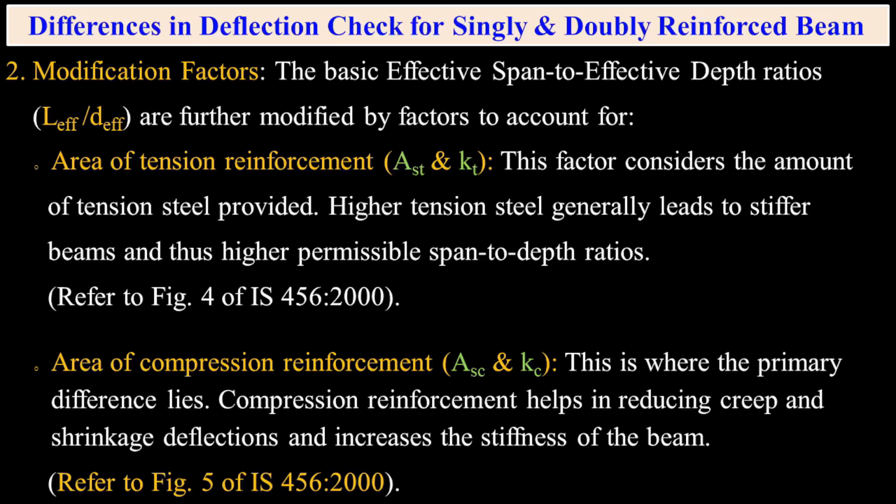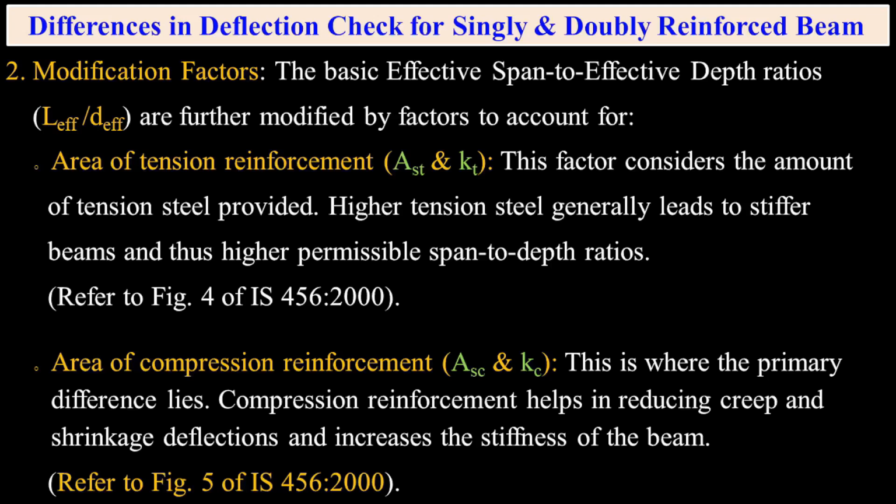And here's where the primary difference for doubly reinforced beams truly lies, the modification factor related to compression reinforcement. This factor is often denoted as Kc, and it directly depends on the area of compression reinforcement, ASC.